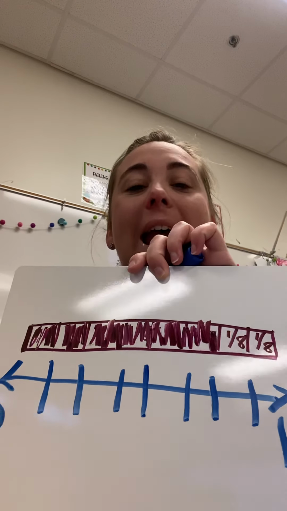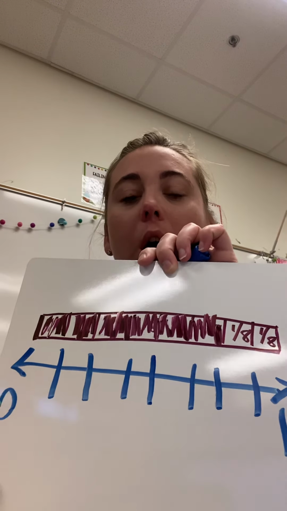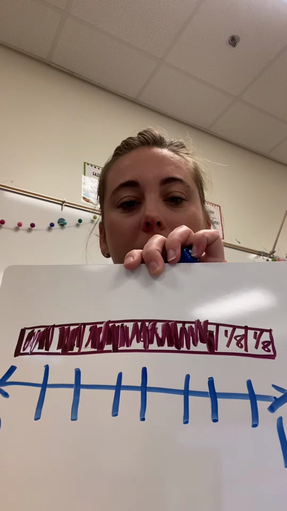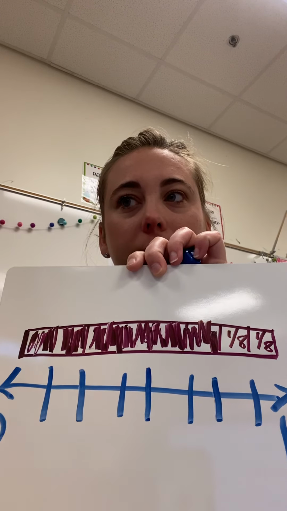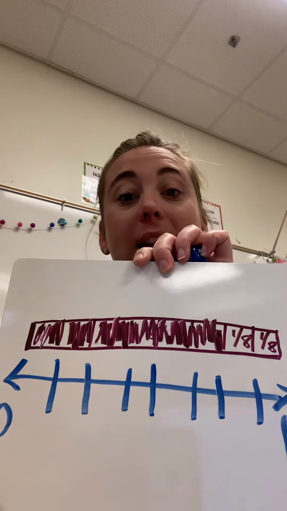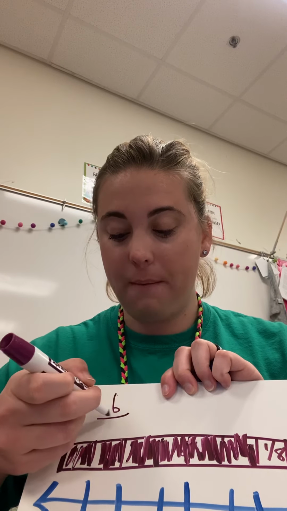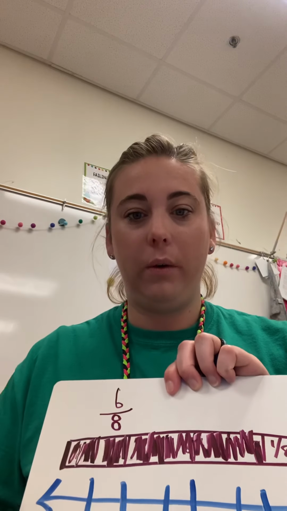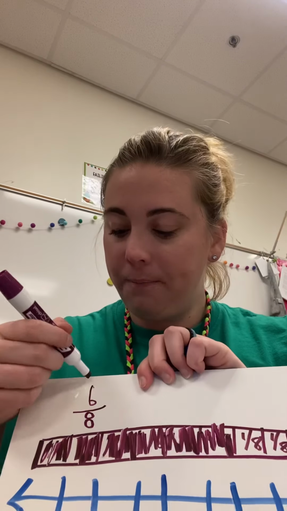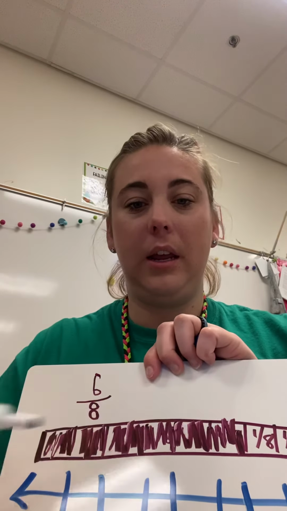How many 1/8 pieces are shaded in? 6. So we know our numerator is going to be 6 and our denominator is going to be 8. We know that 6/8 of this number line is shaded.